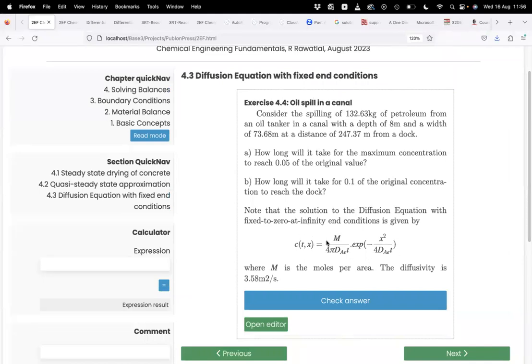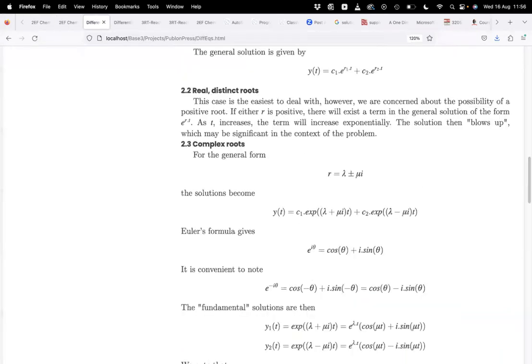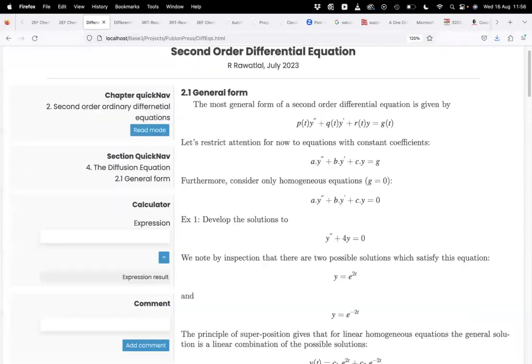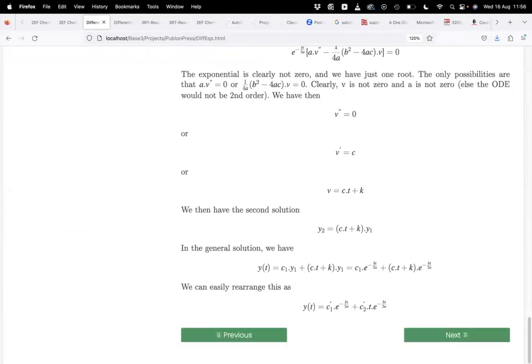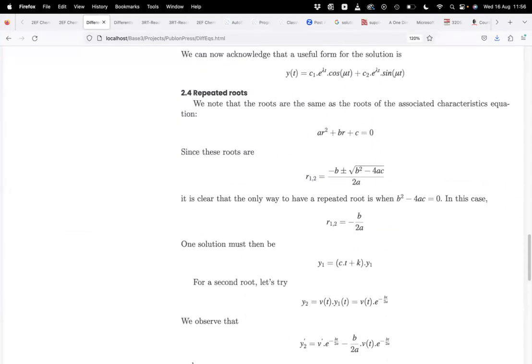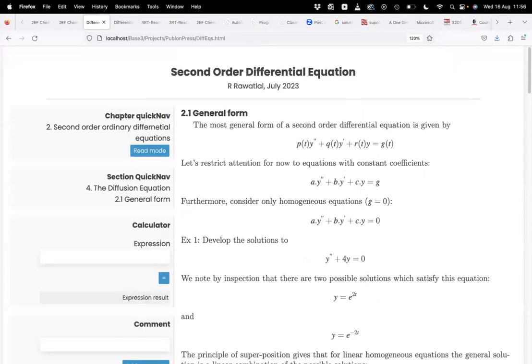So, yeah, I spent some time debating with myself, should we go into a full thing on differential equations and how to solve them? So eventually I came up with, well, I'll write the notes on that. So I started writing the notes on how to solve second order ordinary differential equations. I haven't uploaded this yet, but these notes are under development.